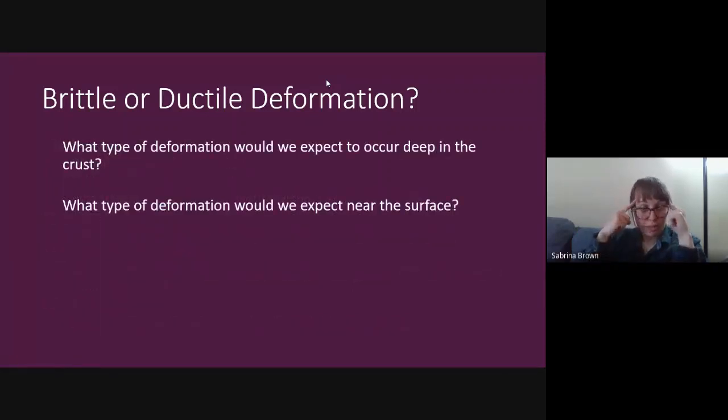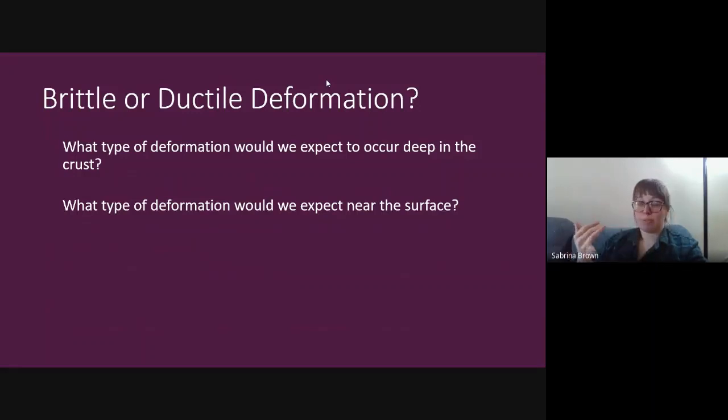All right, so take a second to think about these two questions, which are, what type of deformation would we expect to occur deep in the crust? So deeper in the earth, what type of deformation might we expect there?